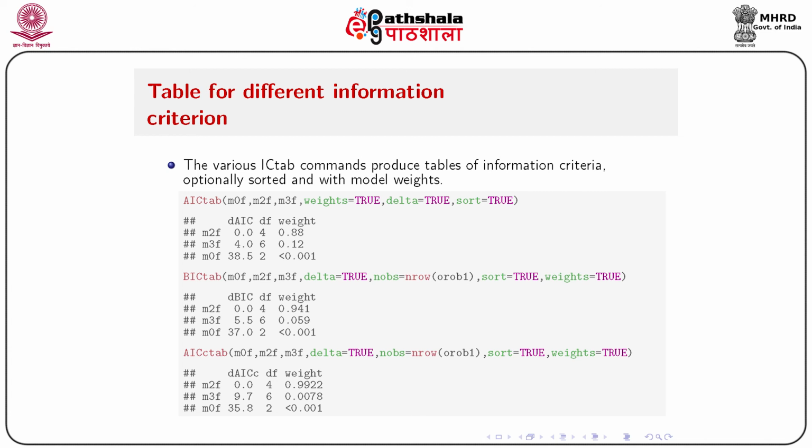And then again you can get the BICtab for the same three models, delta equals true, nobs equals the number of rows of orchardsprays b1, and sort equals true, weights equals true. So here you will get the dBIC, degrees of freedom and weight. Similarly, AICctab also provides you the values as dAICc, degrees of freedom and weight.